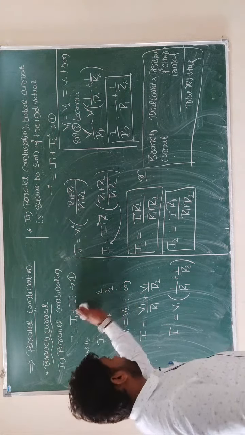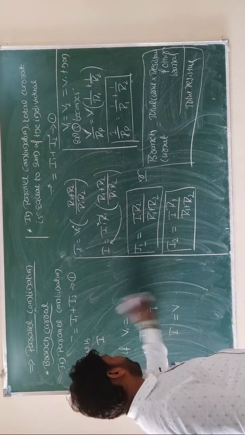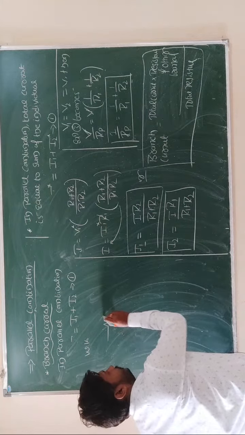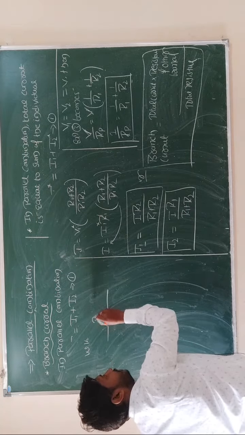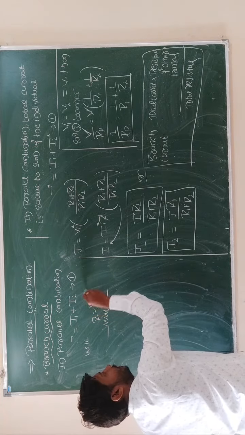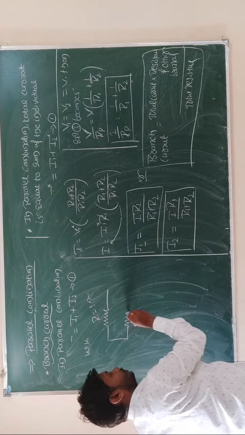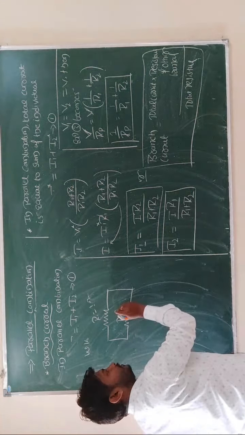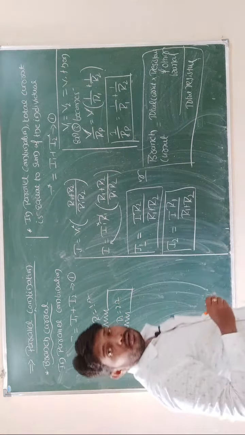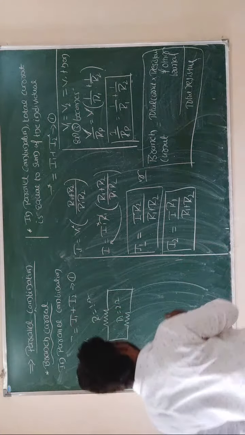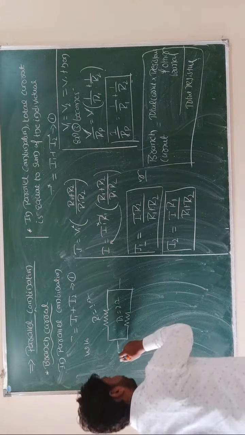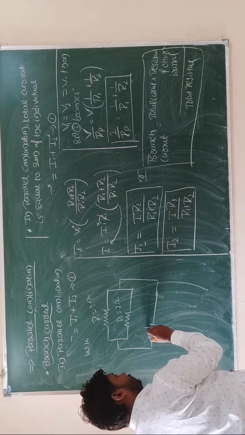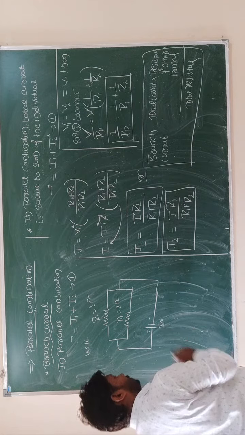So I hope it is clear. I will give an example here. Two resistors of 1 ohm and 2 ohm are connected in parallel combination, connected to a battery, with positive and negative terminals.